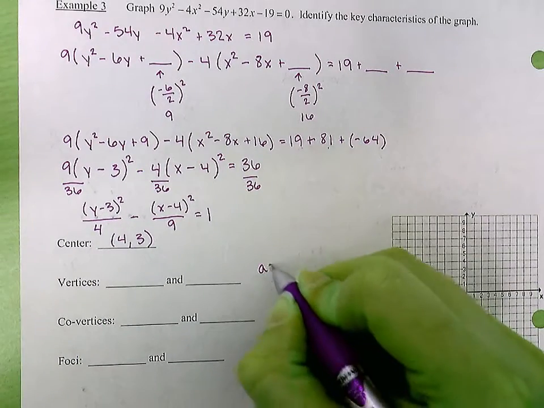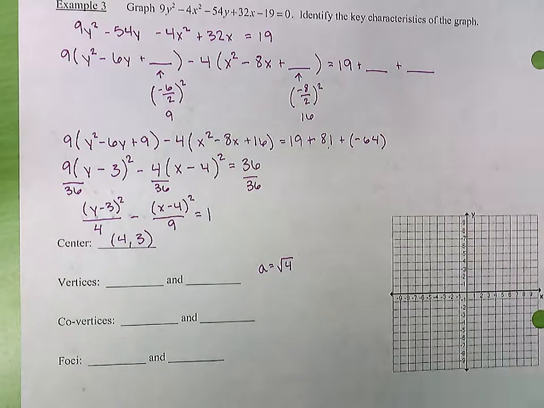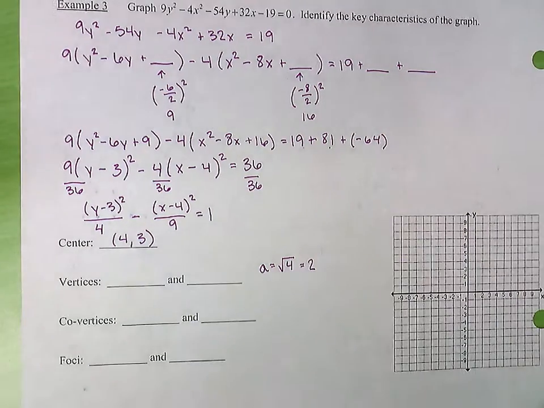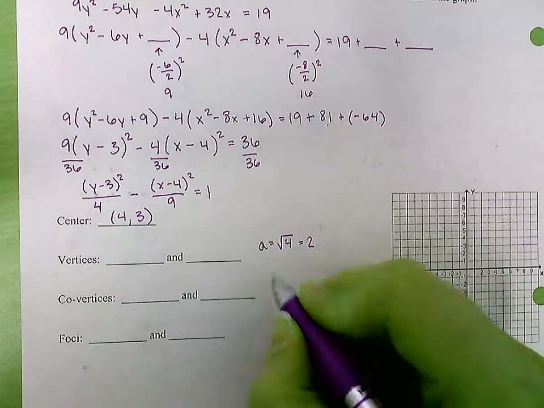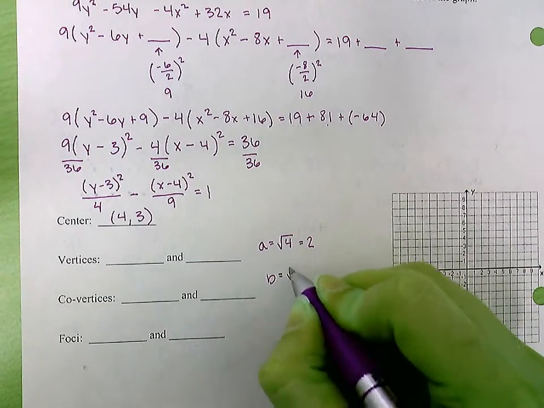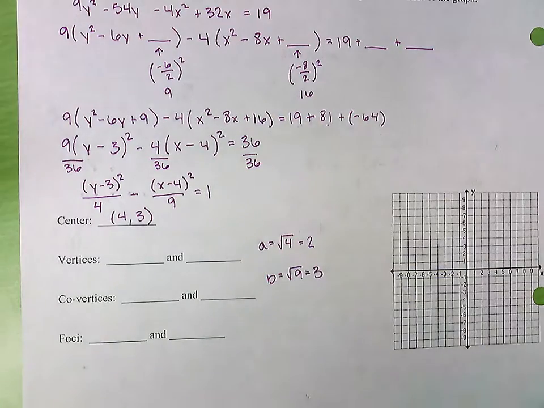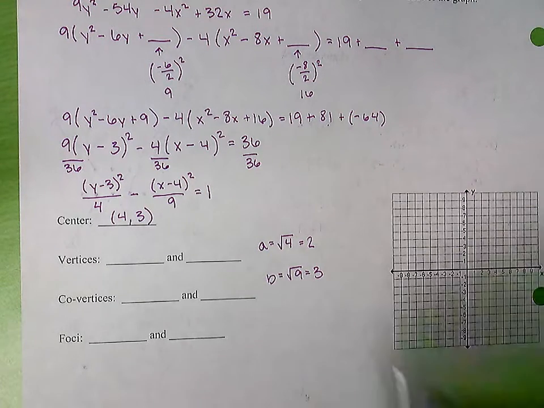So to find A, we'll take the square root of 4. That's 2. To get B, take the square root of 9. That's 3. Now since we have y over a squared, this is a vertical hyperbola.